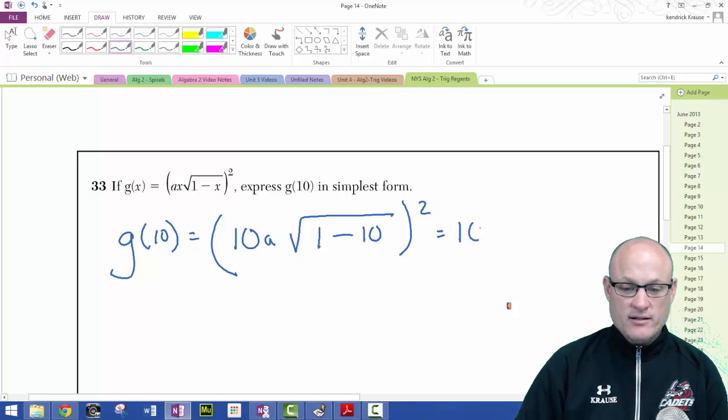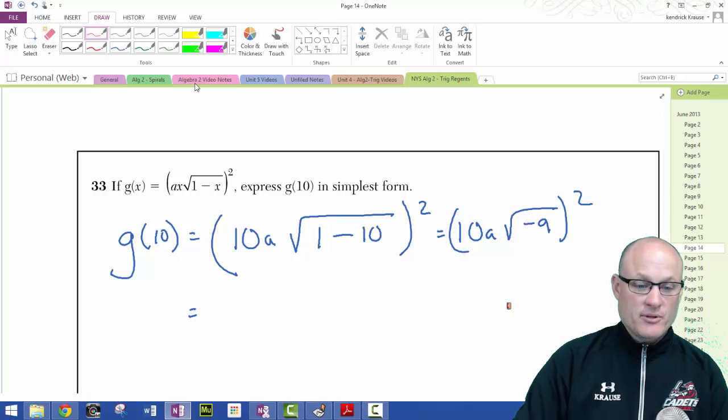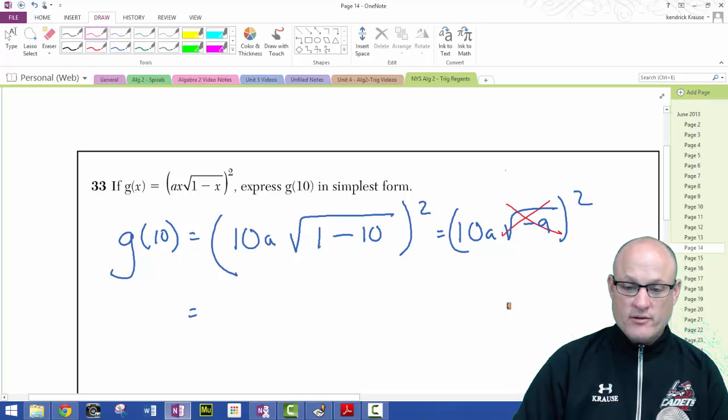This is 10a times the square root of negative 9, which is equal to the square root of this. So this is really, let me get back to my red pen, this is really 3i. So what I have here is 30i squared.